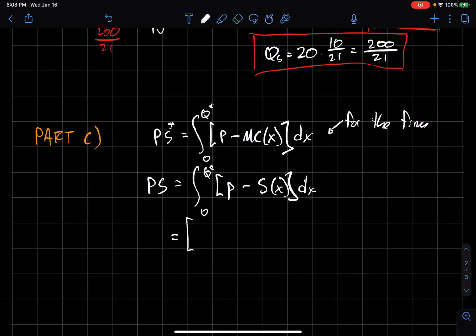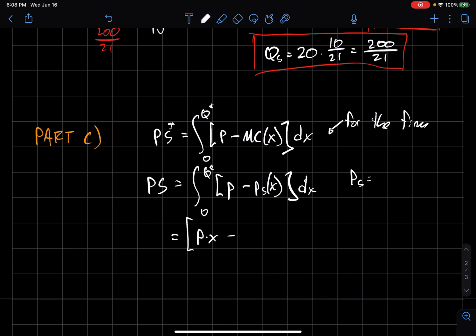So we want the derivative of the thing I'm writing. Sorry. This p is a constant. We're differentiating with respect to x. So we have p times x minus our supply curve. Maybe a better way of writing this is ps as a function of x.